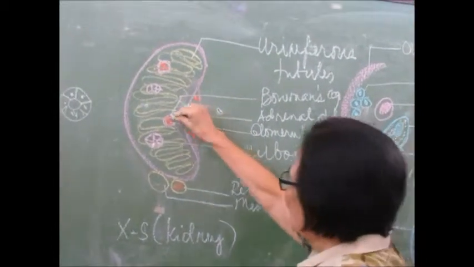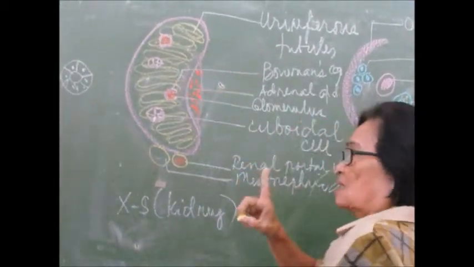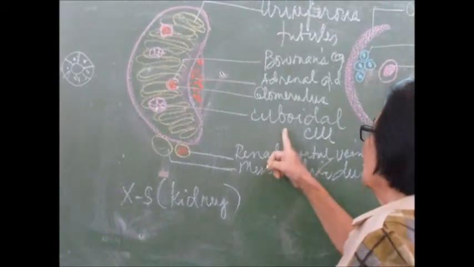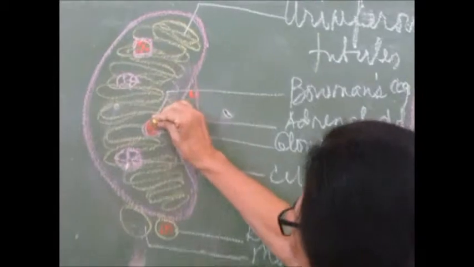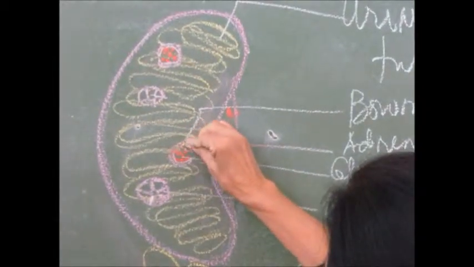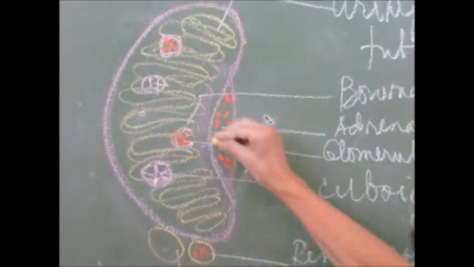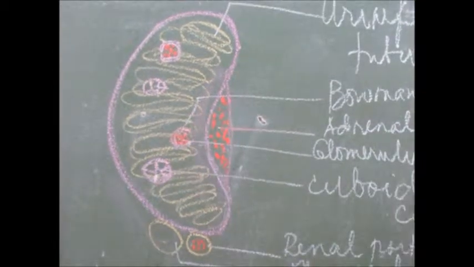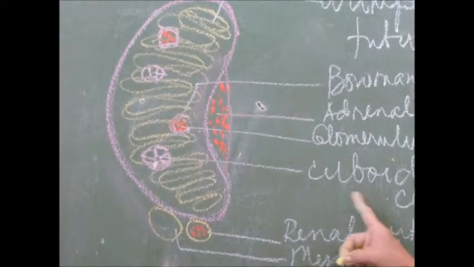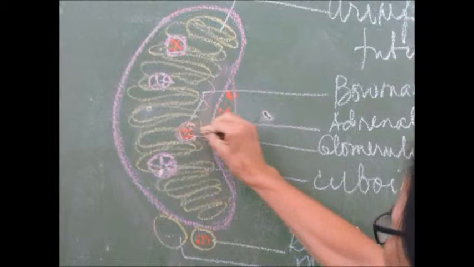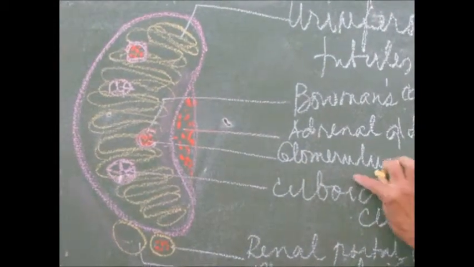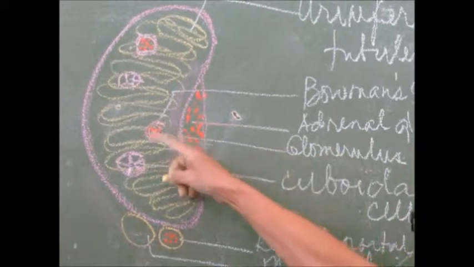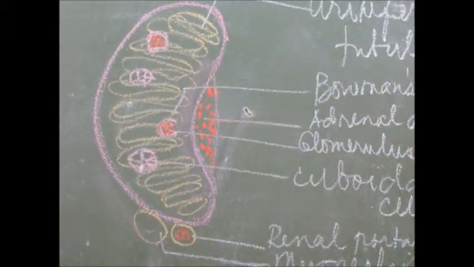Now, scattered, these are the functional parts of the kidney. And these are what we call the Bowman's capsule, this surrounding part, okay? Then you have the blood cells, and this is what we call the glomerulus. Now these are the blood vessels that are enclosed within the Bowman's capsule.